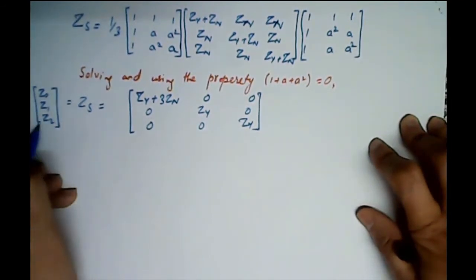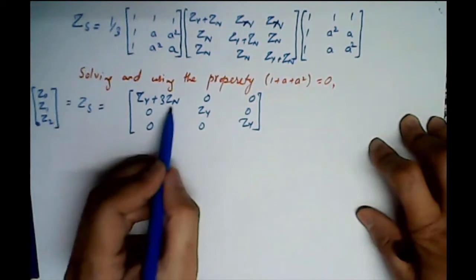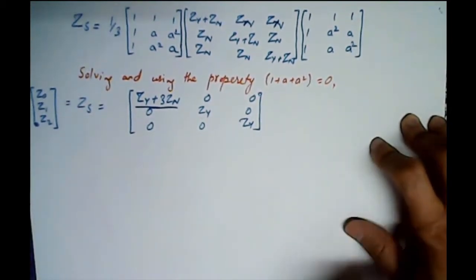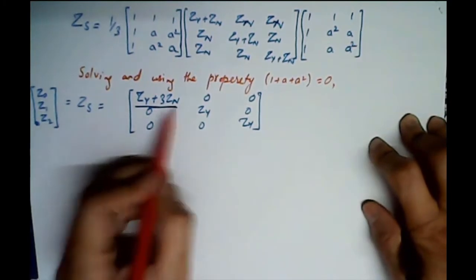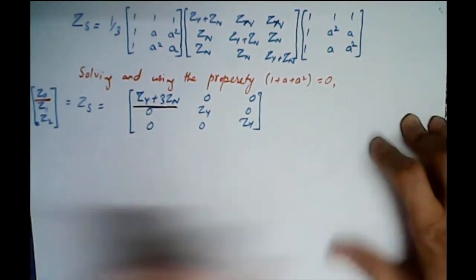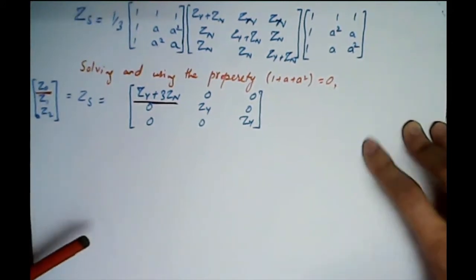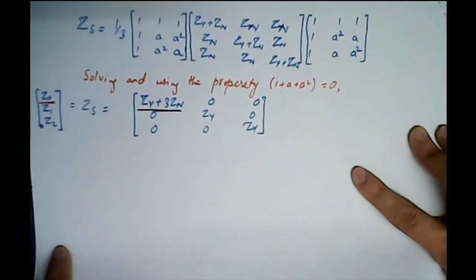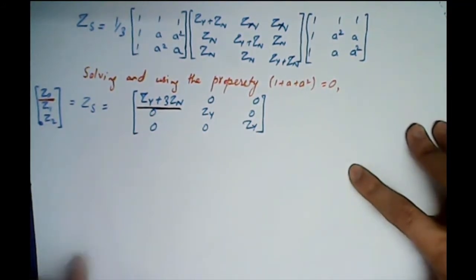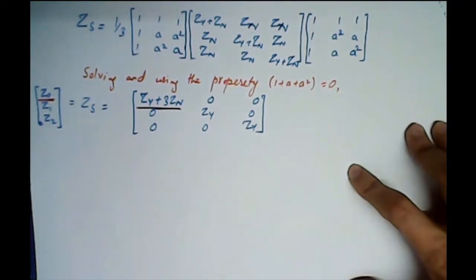Now you can see clearly that the neutral impedance is only getting involved as 3 times, and for the value of 0 sequence only. It will not be there for the positive sequence or the negative sequence.